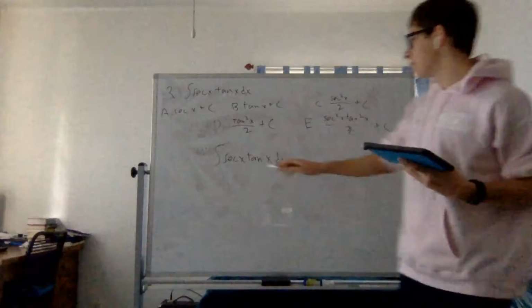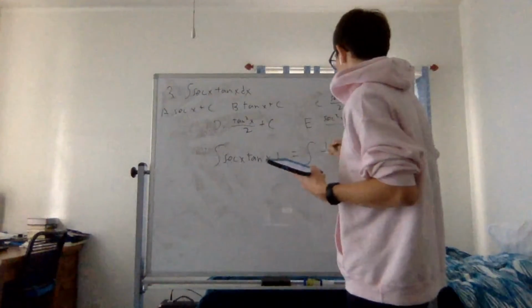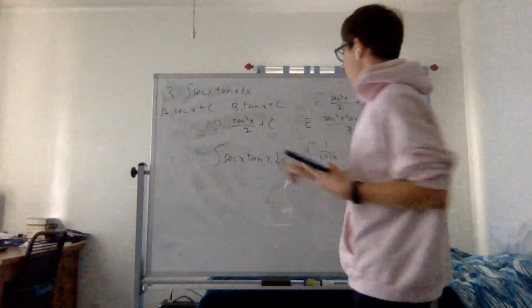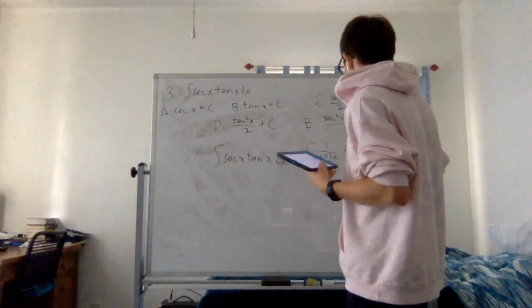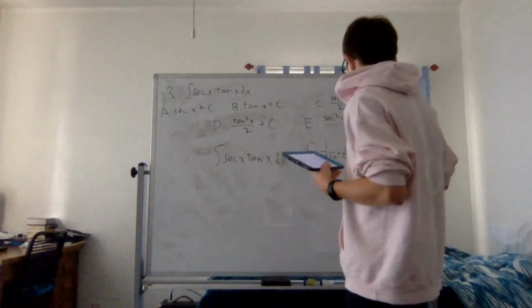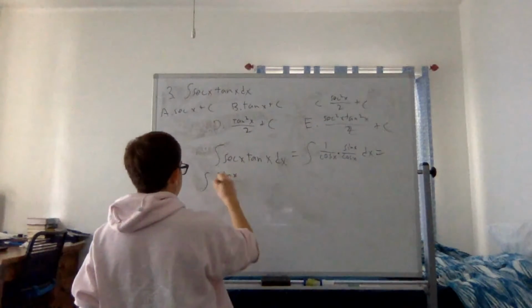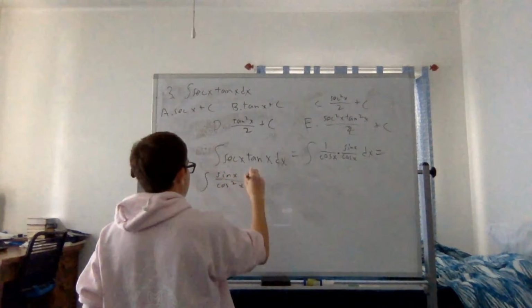So now we want to take the integral of this, right? We can rewrite secant x as 1 over cosine x, right? That's a trig identity. We can rewrite tan of x as sine of x over cosine of x, dx. So that's also equal to the integral of sine of x over cosine squared x dx, right?